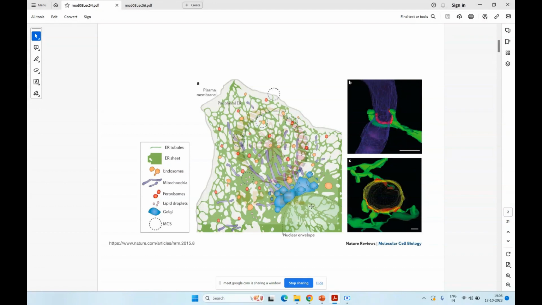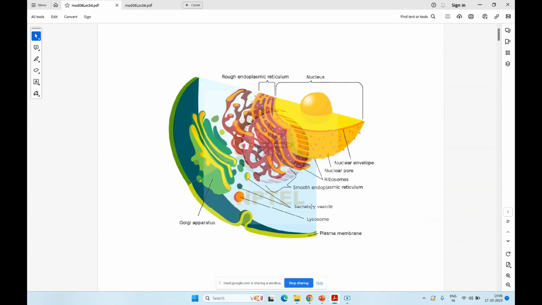In traditional diagrams, you would see that the endoplasmic reticulum is a very compact structure localized to the area near the nucleus, which was the opinion for a long time.